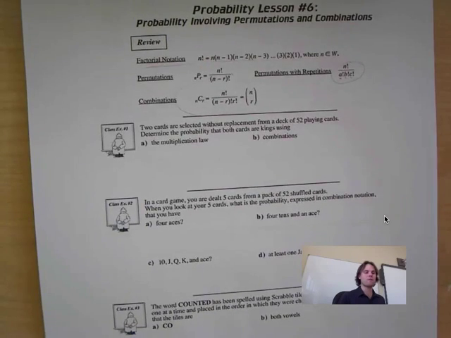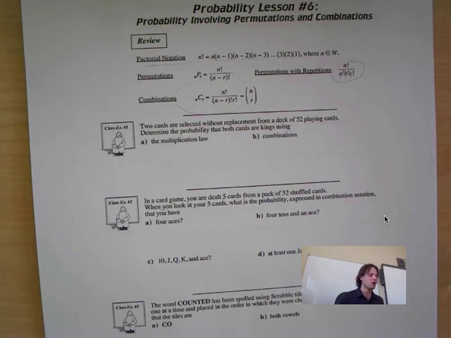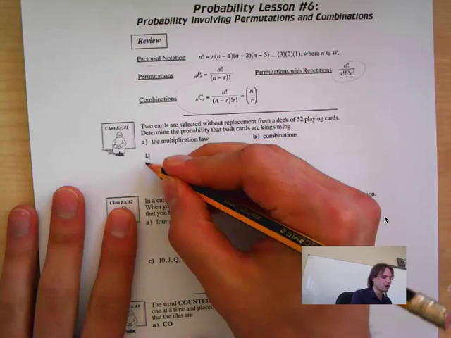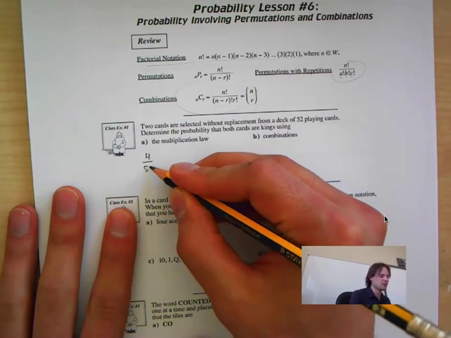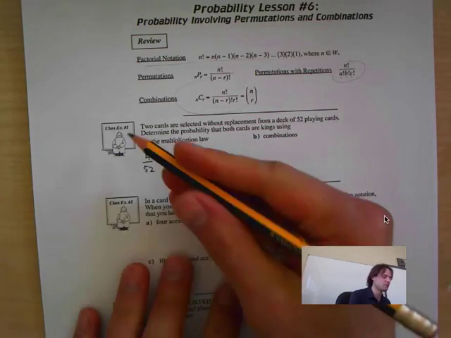So here is our very first example. It says, 2 cards are selected without replacement from a deck of 52 playing cards. Determine the probability that both cards are kings. Let's look at the multiplication law. There are 4 out of 52 kings in a deck of cards, so if we pick the first one, you have a 4 in 52 chance, which is the same as 1 in 13.